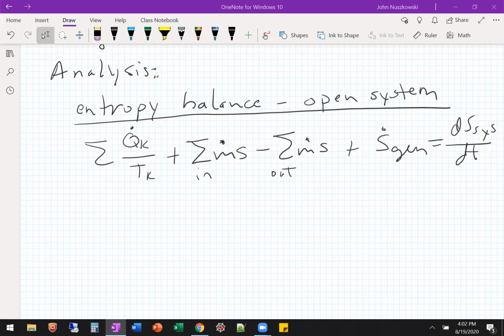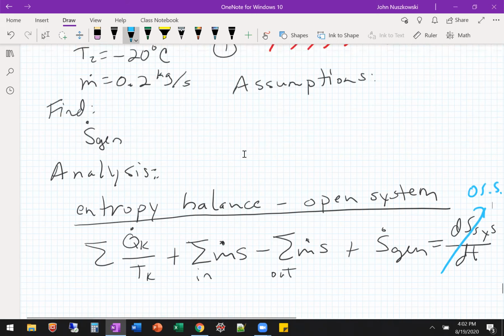Steady state, yeah, okay. And then it's adiabatic, right? There's no heat transfer.